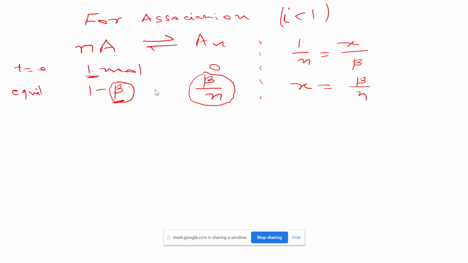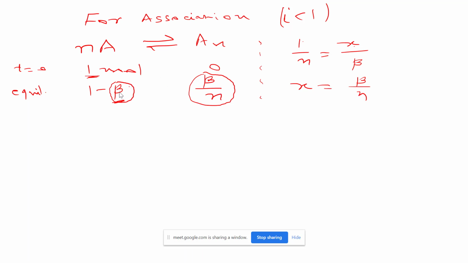Are you getting n ratio 1 or not? Like beta upon n, isn't it? Yes, sir. By this method you can check whether you did it correctly or not. Just check the subtracted moles, these are reacted moles for the reactant, and these are moles produced for the product.